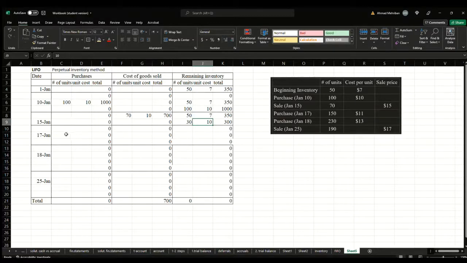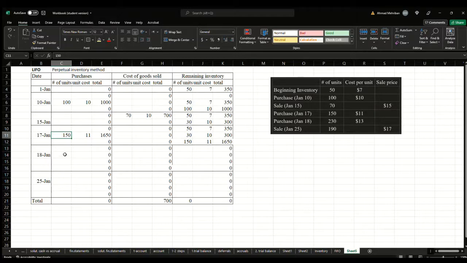Now moving on to the next purchase, we have 150 units we purchased for $11. Again, I will just move these down: 50 by $7 and 30 by $10, and finally we bought 150 by $11.